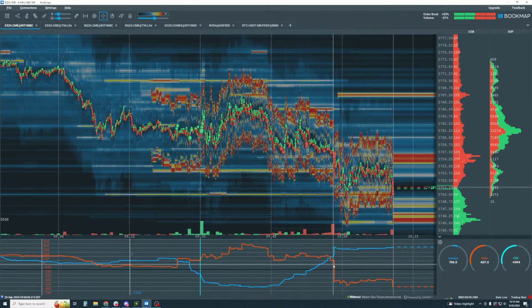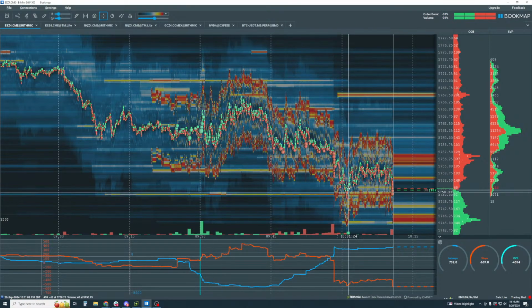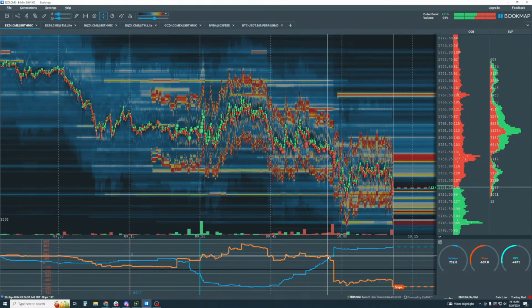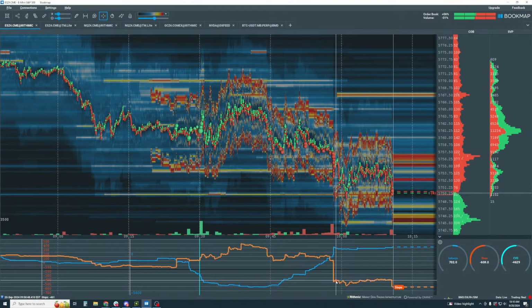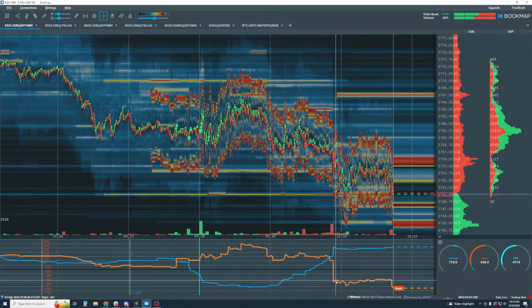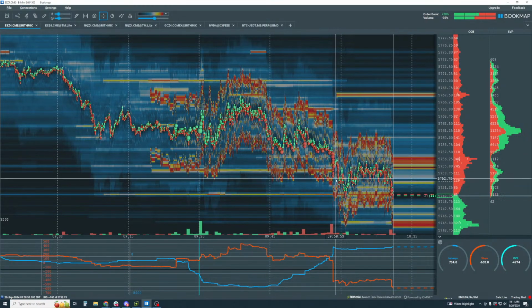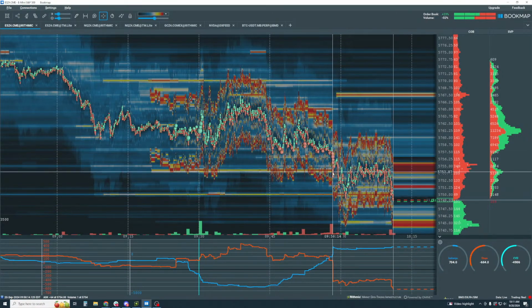Look at the big stop run right here. Huge. In fact, I had 112 here down to negative 461, so around 570 stops triggered in this move to the downside.